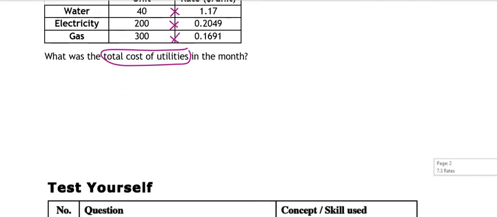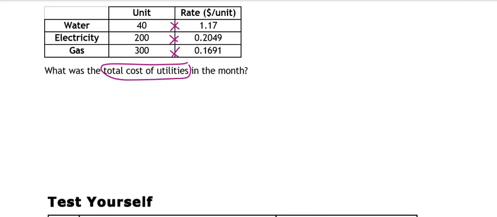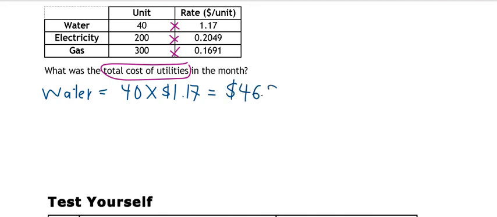Okay, so over here, let's have a look at water first. Water is 40 times $1.17. So if you use a calculator, you will get $46.80, right? So that's for water.